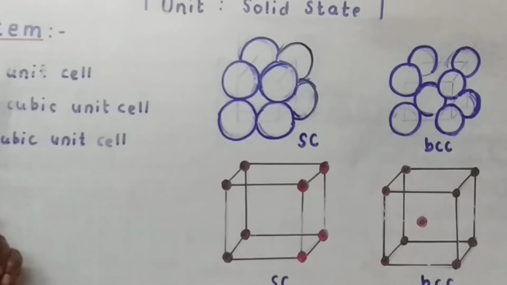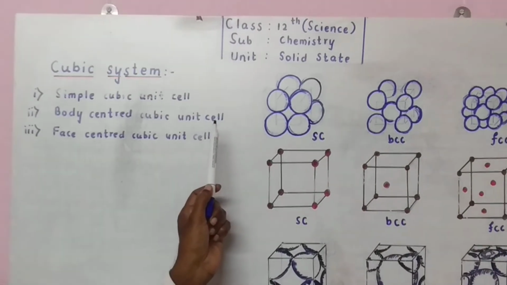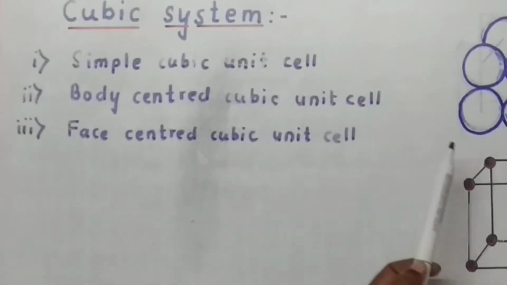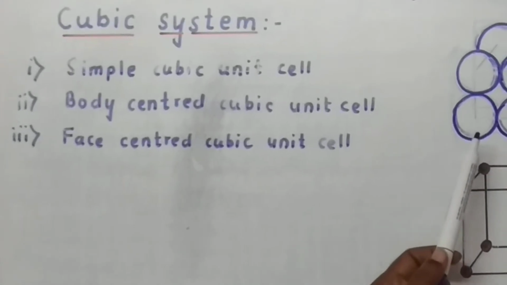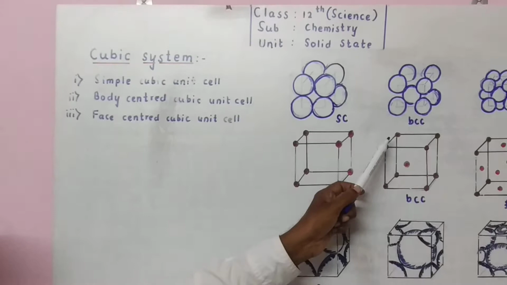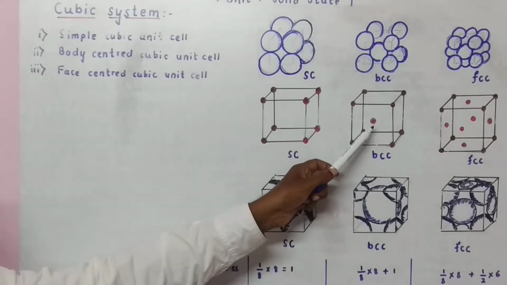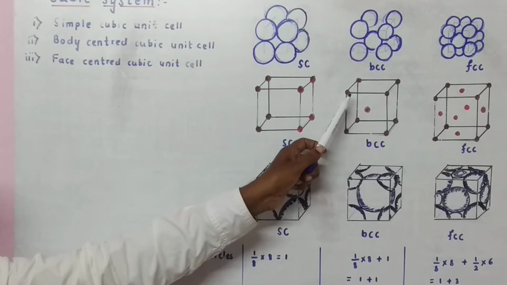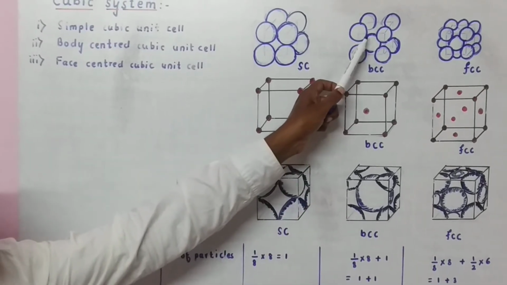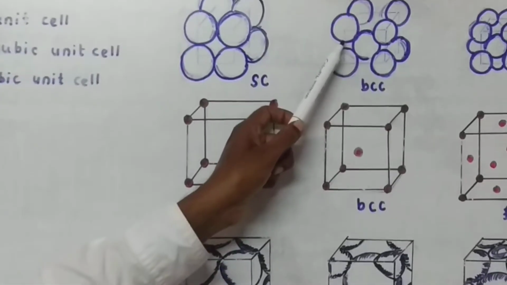Then second, body centered cubic unit cell. In body centered cubic unit cell, like simple cubic cell, it also has 8 corners. In addition, one atom is present at the center of cube. Here one atom is present at the center of cube.